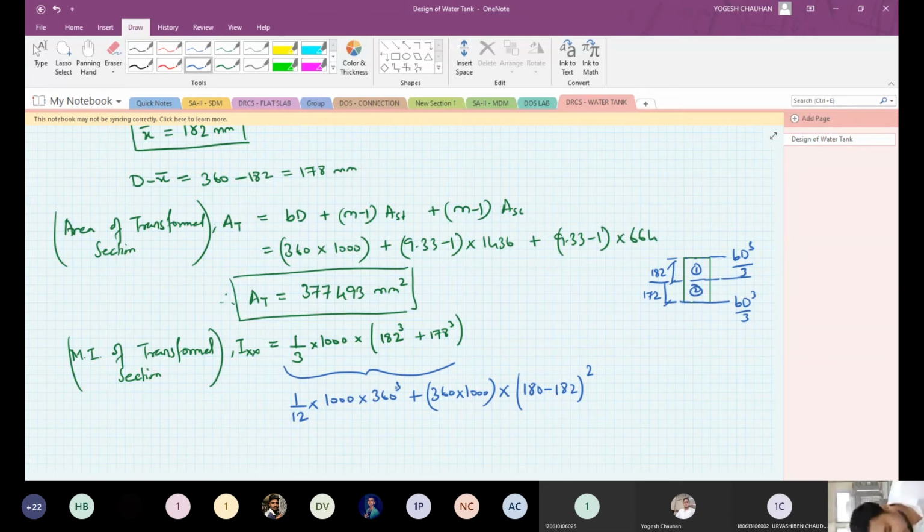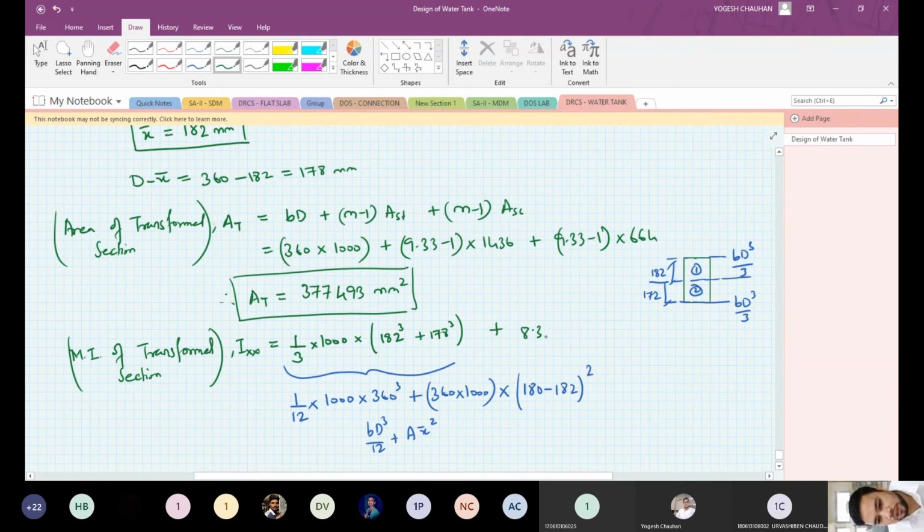Yes, either of the equations you can use. You can use this, which is nothing but your BD cube by 12 plus A x bar square. Okay, you can use this formula or this formula, plus this, let us take this as common.